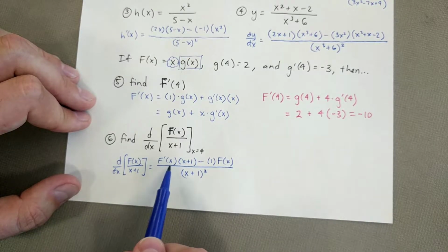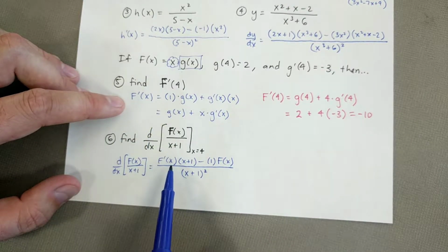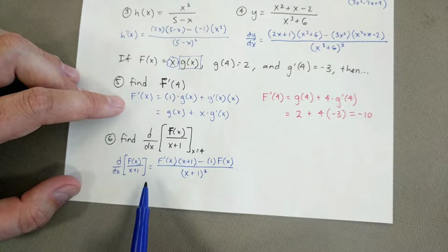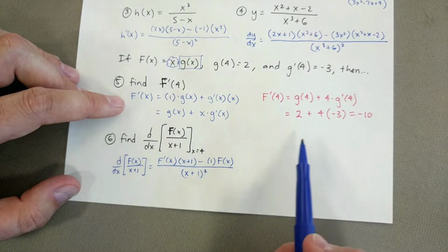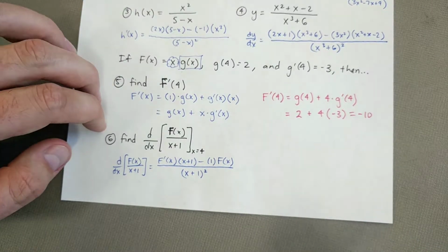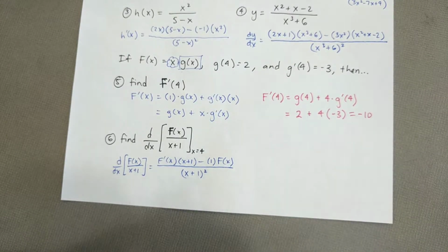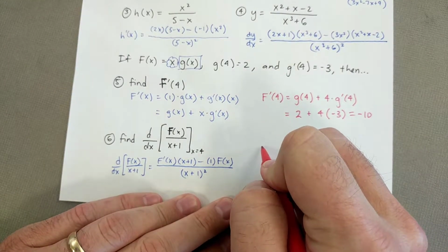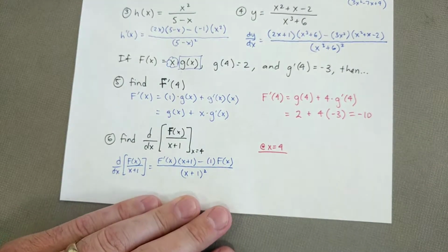I was about to plug in what g prime was, because we had this big formula here, but that's ridiculous, because we're about to plug in 4, and then once we do that, you'll have f prime of 4, and I've already found that over here, so I was about to make more work for myself. Let's not do that. Okay, so now let's come over here and find this derivative at 4. I don't feel like writing the whole thing again, so I'm just going to write this at x equals 4.